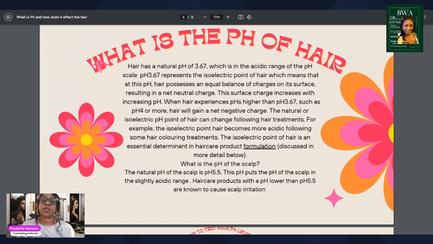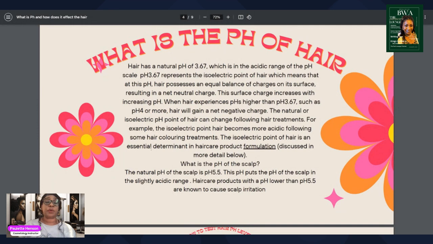This surface charge increases with increasing pH. When hair experiences pHs higher than 3.67, such as pH 4 or more, hair will gain a net negative charge. The natural or isoelectric pH point of hair can change following hair treatments.